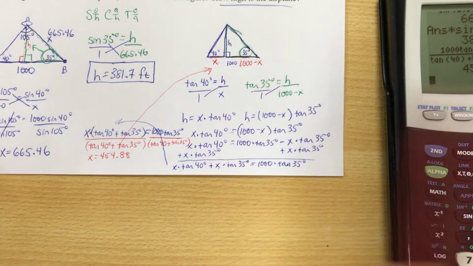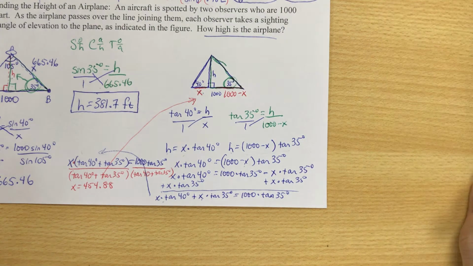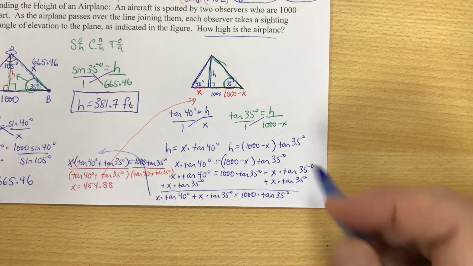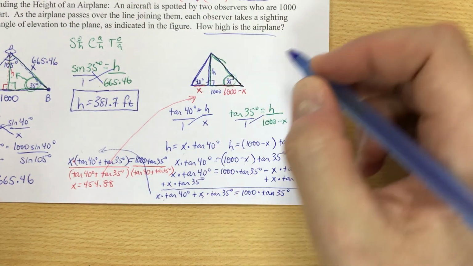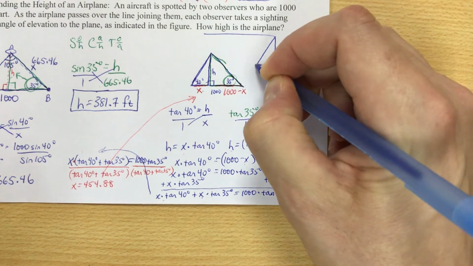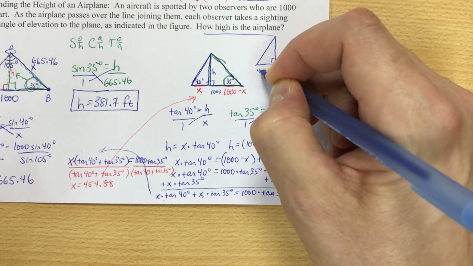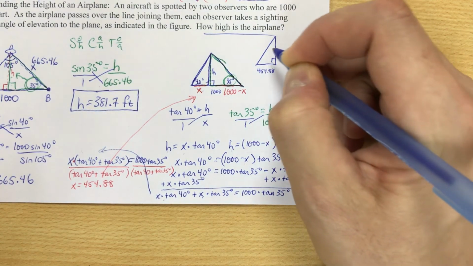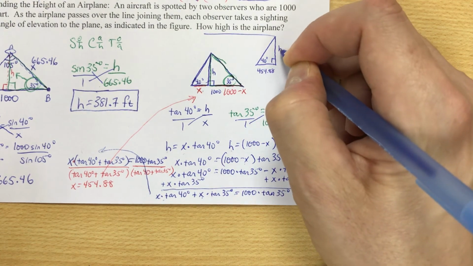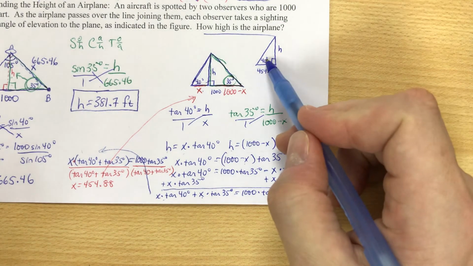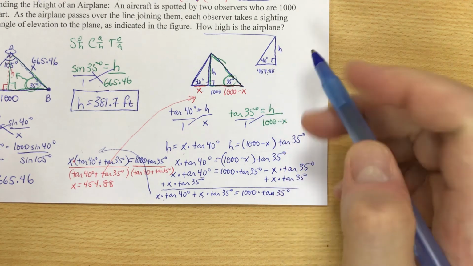Now we're trying to find the height. So we're still not there. We're close though, because if I look at this triangle, this is 454.88. Here's 40 degrees, here's h. Opposite and adjacent is the tangent.